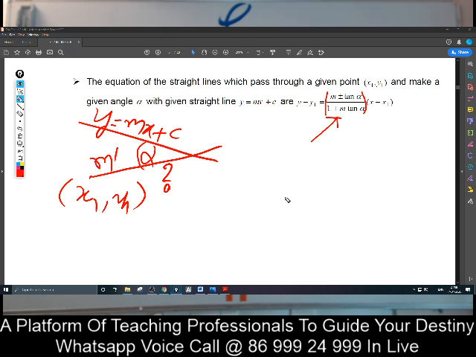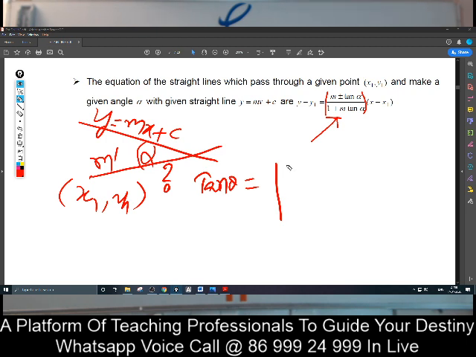Now when slopes are known to us, you can apply the angle formula. Tan theta is equal to modulus of m1 minus m2 by 1 plus m1 m2. Why should we use modulus here?